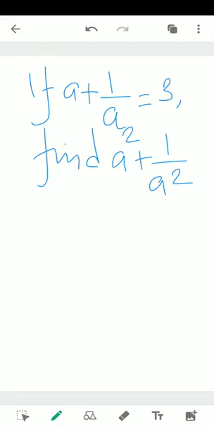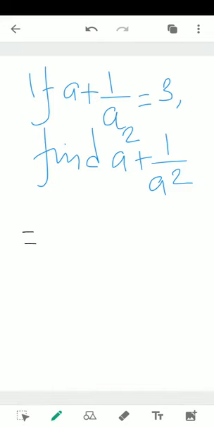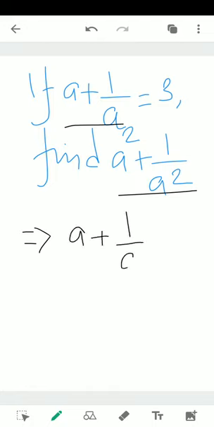So this is the question that I have now. How I can solve this problem is, we should have a relation between this and this one, and the only relation that can be established between them is (a plus 1 by a) whole square.